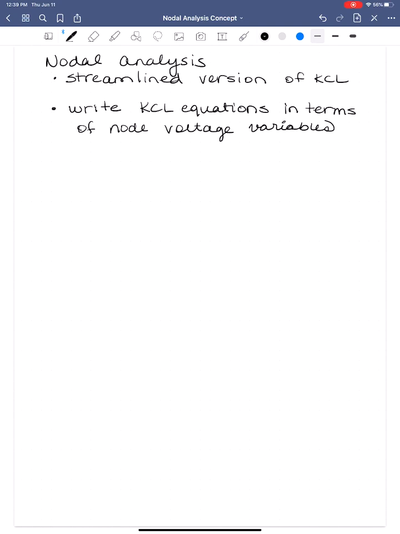We're going to call these KCL equations, now, nodal equations. At the end of the day, we are still summing currents. That's what KCL is, right? So let's talk about the hierarchy of writing down currents before we talk about the steps for nodal analysis.